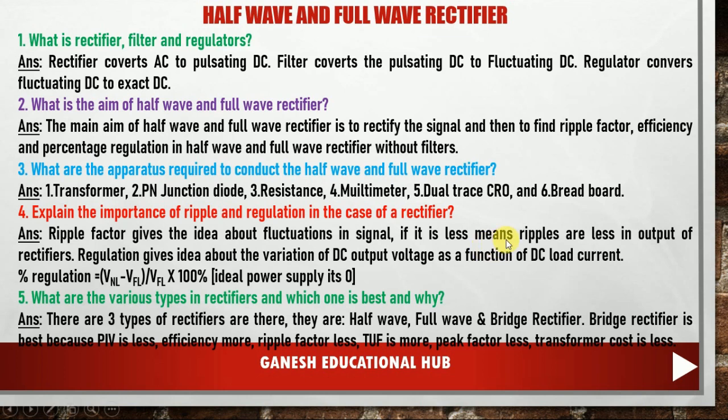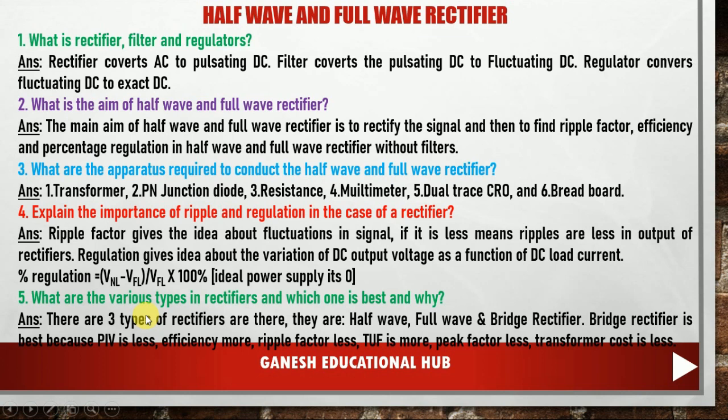If it is less, it means ripples are less in the output of the rectifier. Regulation gives the idea about the variation of DC output voltage as a function of DC load current. The percentage regulation is equal to no load voltage minus full load voltage, divided by full load voltage, into 100%.